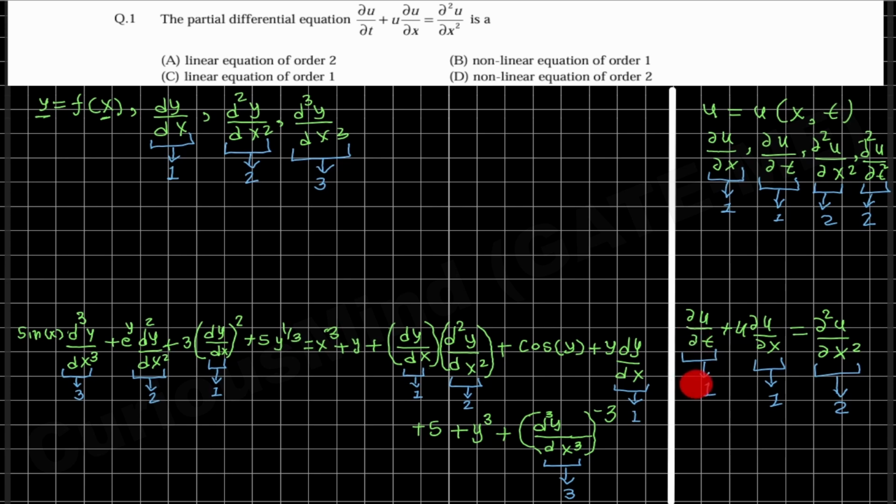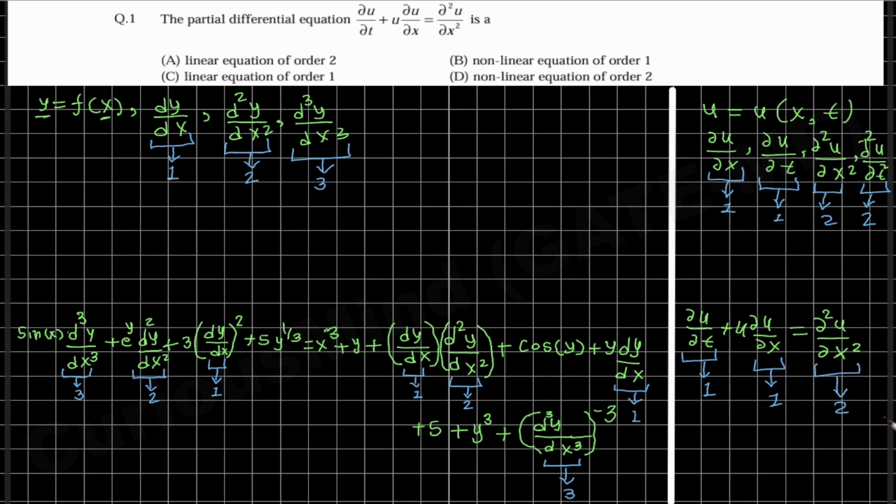When we observe the values of the order of each partial derivative present in this partial differential equation, the highest value is 2.